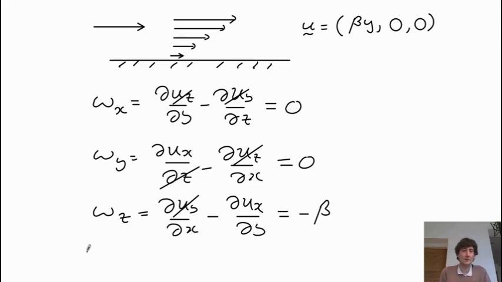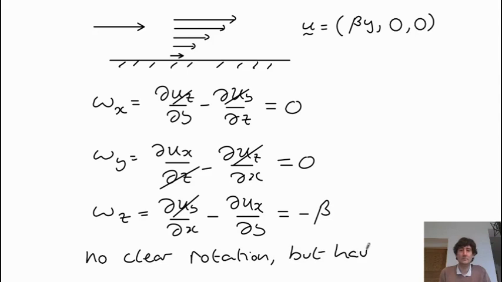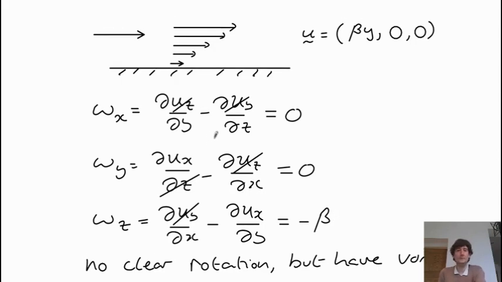So no clear rotation, but we have vorticity. Essentially, it's the shearing of the fluid flow like this which is the vorticity, not necessarily the rotation.